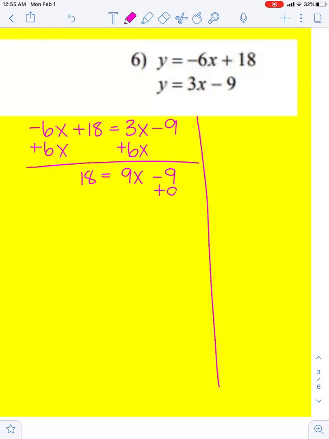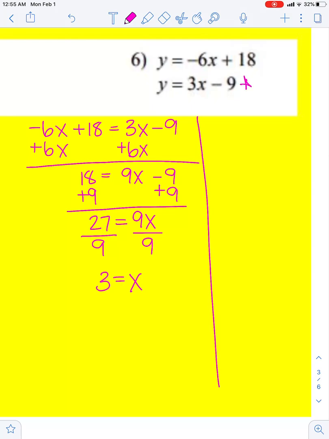I'll add 9 to both sides, and this will give me that 27 is equal to 9x. I'm going to divide by 9 on both sides, and that will give me that 3 is equal to x.